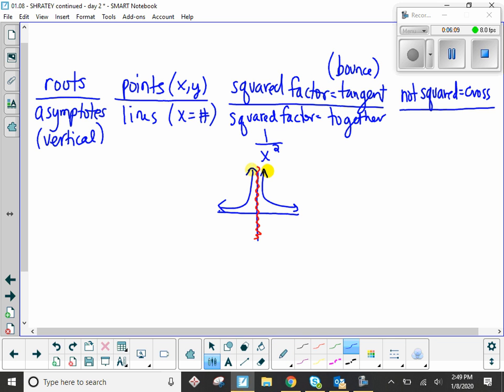So let's look at what not together means, right? So if you don't have a squared factor, so not squared, means not together, it means opposite. And we can see that in the other parent function we talked about, the 1 over x.